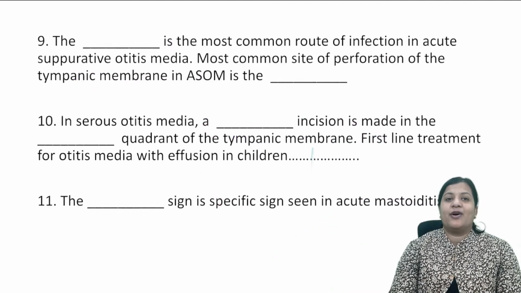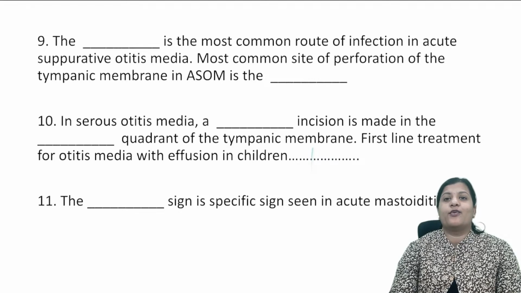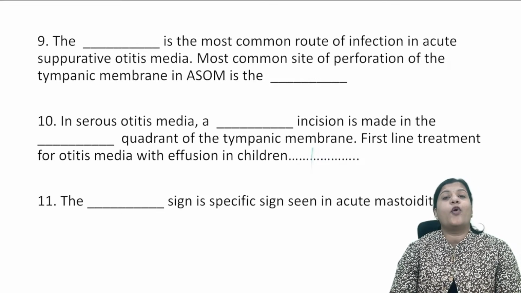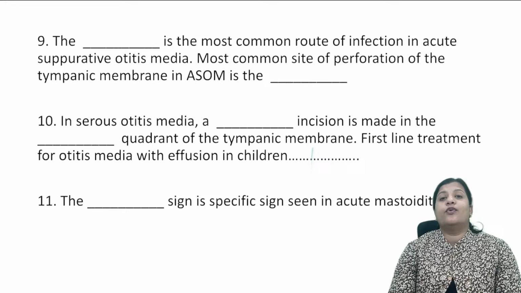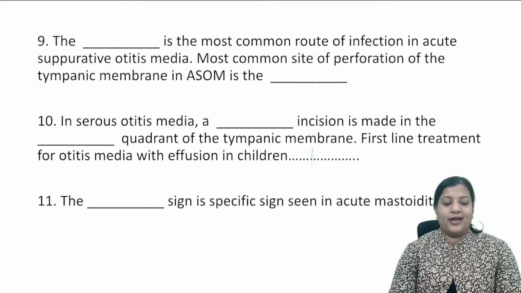Okay, so that's about it. Let's go to the next question. The dash is the most common route of infection in acute suppurative otitis media. So ASOM or any middle ear disease will happen most commonly through which route? Quick, quick, quick. And what is the most common site of perforation of the tympanic membrane in ASOM?